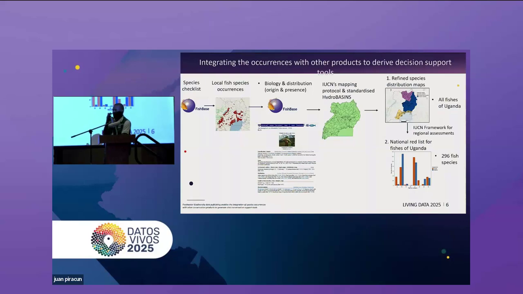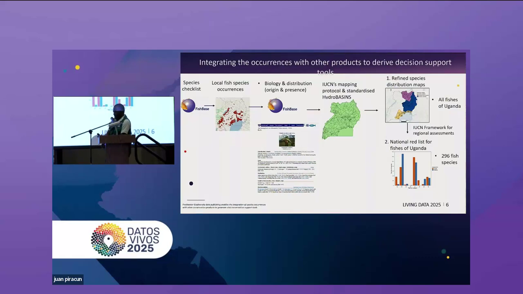Now, when we get the distribution maps, which are by species, and integrate them with the information on regional assessments, specifically those are national assessments, we generate a national red list, and that is also an important decision support tool.